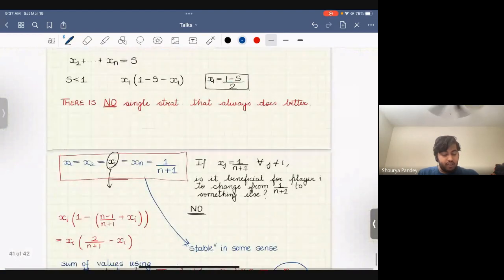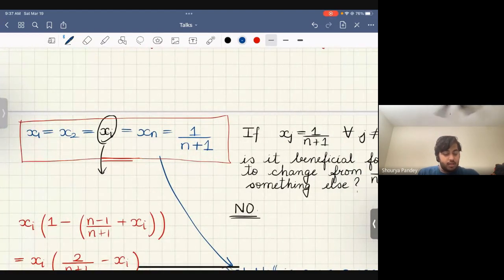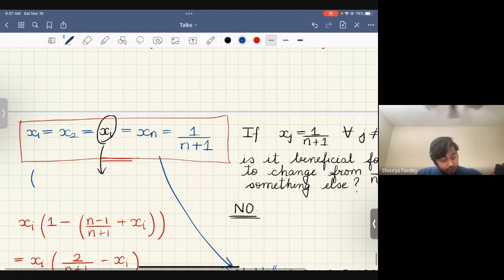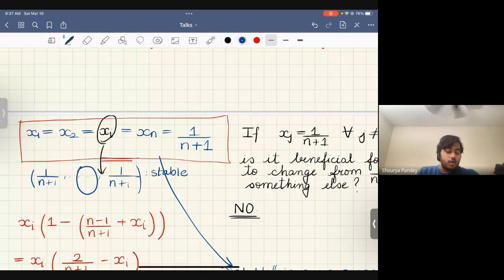But for here, for example, we have this tuple 1 over n plus 1, and so on up to 1 over n plus 1, which is stable in the sense that for any player i, if all other players follow this strategy, then there is no benefit obtained by player i by changing their strategy.